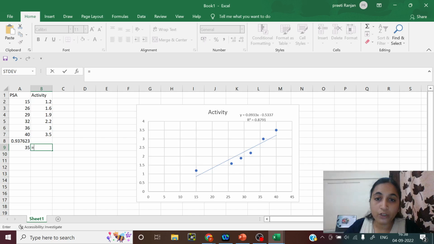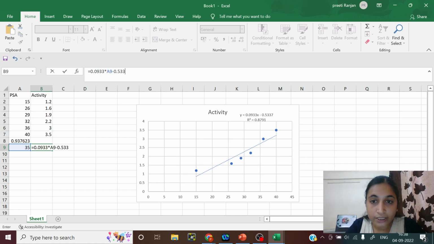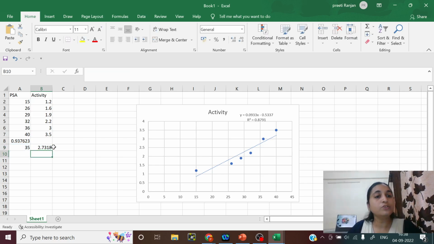So we simply put in 0.0933, this slope value, times this x value 35, minus 0.5337, right? And then enter. So this will come to 2.73.